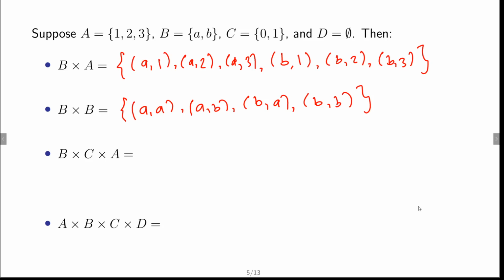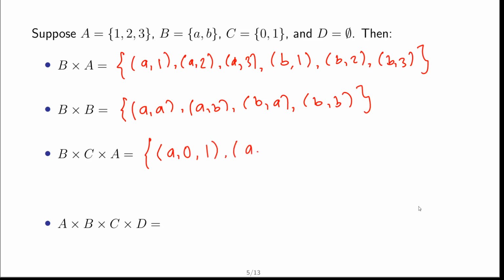Now how about B times C times A? Well, this consists of triples, and you take triples from B, from C, and then from A. So you take from B, which is the letter a, and from C, which is the integer 0, and from A, which is the integer 1.